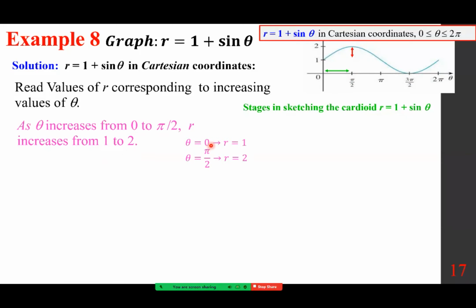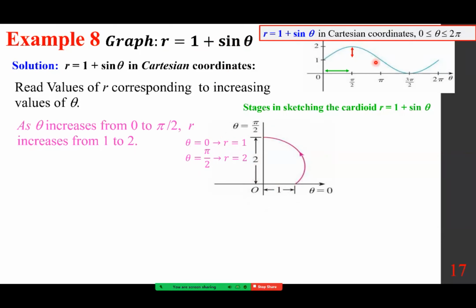Theta is 0, R is 1. Theta is pi over 2, R is 2. So it looks like that. This point, R comma theta, is 1 comma 0. This one is 2 comma pi over 2. This is the first stage.